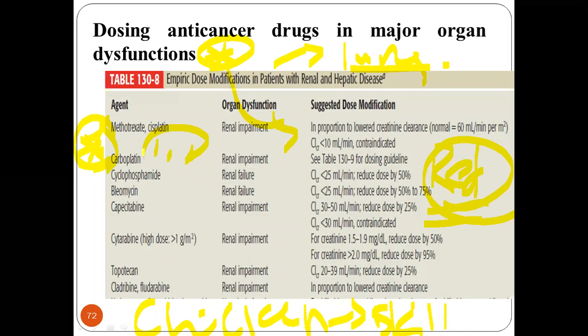So in that condition, sometimes we use monotherapy, and sometimes we have to adjust the doses of the chemotherapy regimen. That is what we are supposed to do when the disease is advanced. I don't know, did I answer your question? Yes, you did. Okay, any other issues?